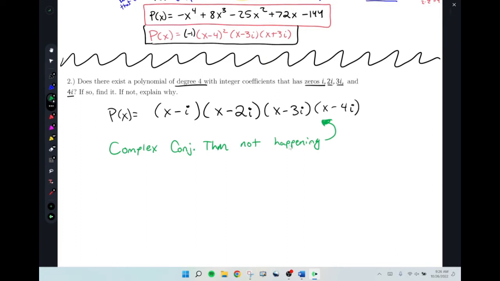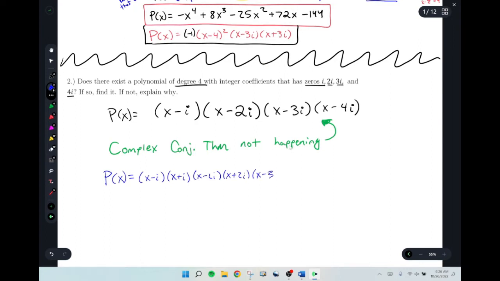Or what happens if we apply it? What happens if we say, actually, P of x should equal x minus i, x plus i, x minus 2i, x plus 2i, x minus 3i? Sorry, this is so long. That would not be a degree 4. That would be a degree of, you can count it, 8. It would be a degree of 8, right?